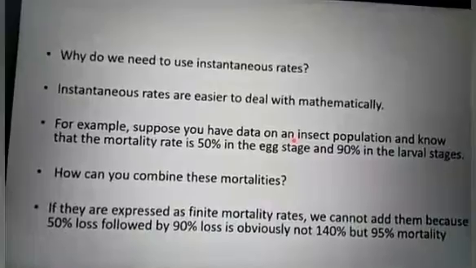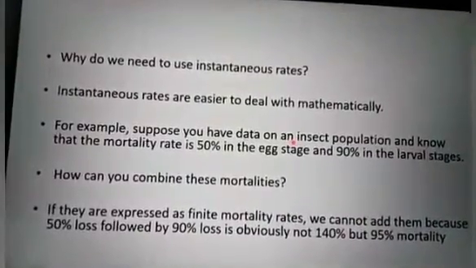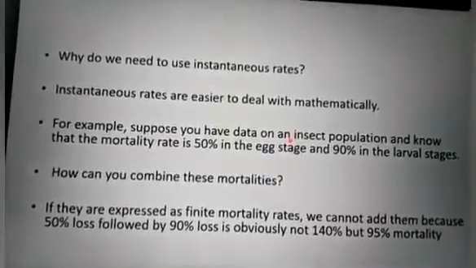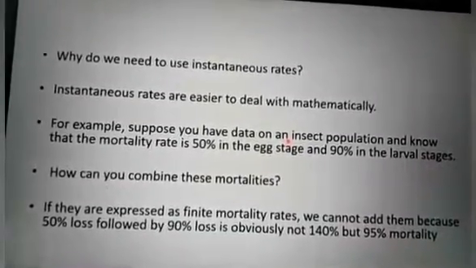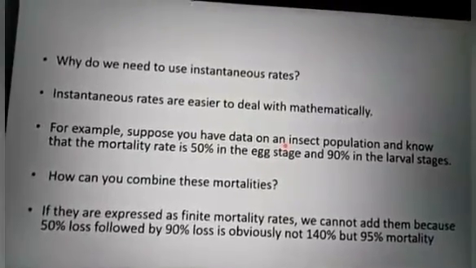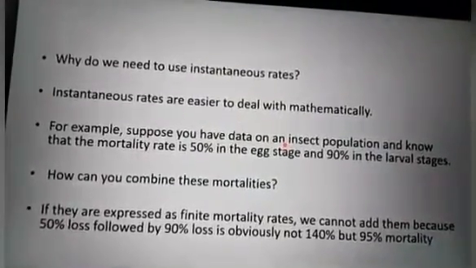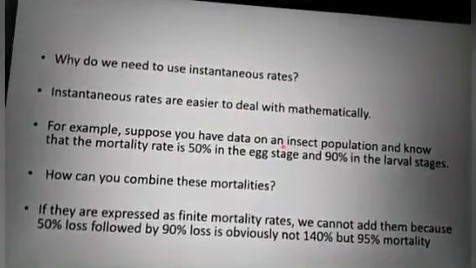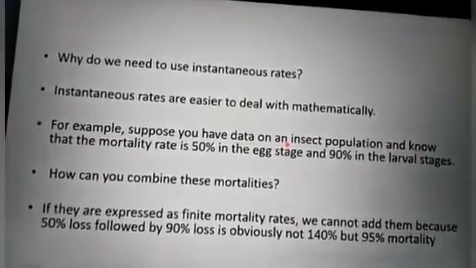So why do we need to use the instantaneous rates? The instantaneous rates are easier to deal with mathematically. For example, suppose you have data on an insect population and you know that the mortality rate is 50% in the egg stage and 90% in the larval stage.